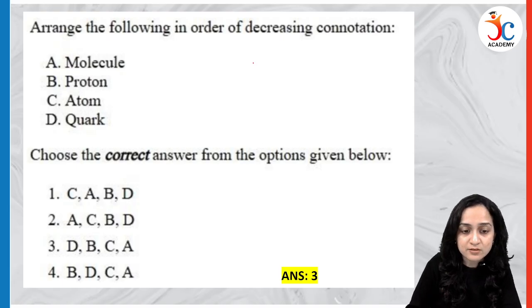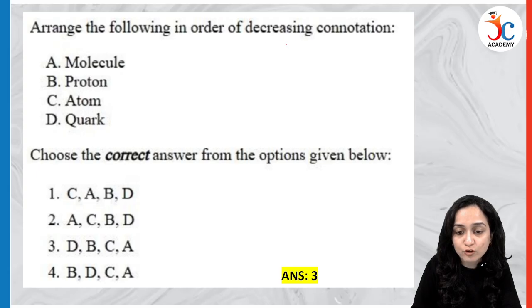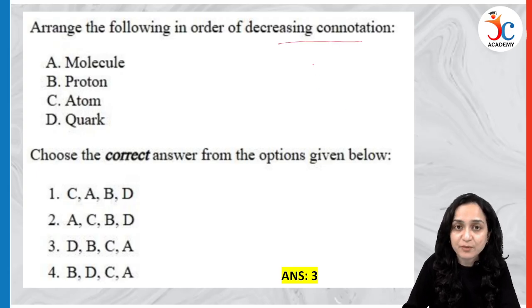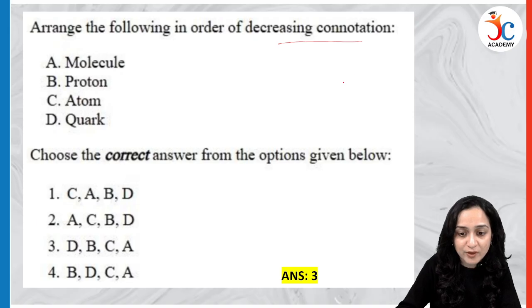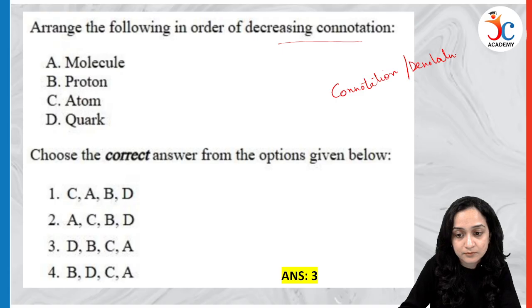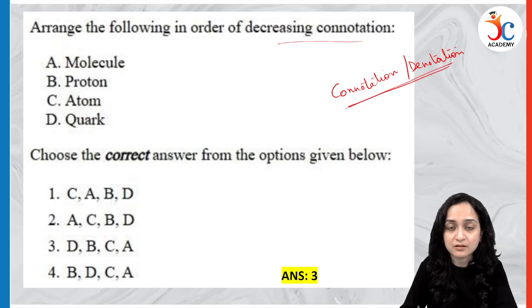Next question, arrange the following in order of decreasing connotation. If you have seen the previous parts, in each and every shift, there is a question from connotation and denotation. So you have to make these topics very, very clear.